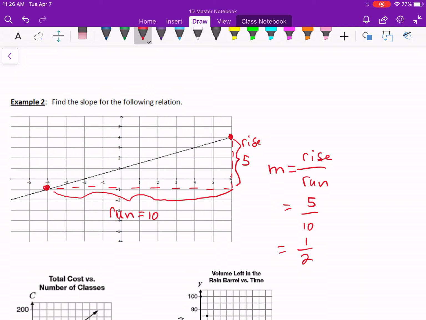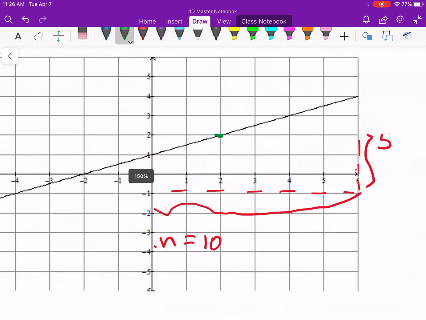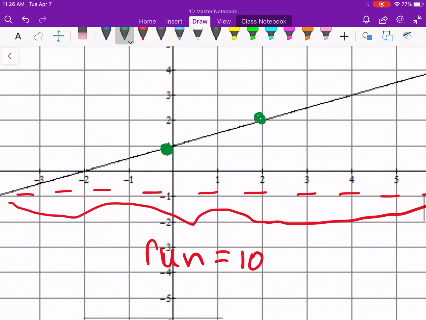But I didn't have to pick those 2 points. That's what I'm trying to get at. I can pick any 2 points. Let's just pick a couple other points. Let's pick a couple that are closer together. Say that green one and this green one here. Well, now I'm just going from here to here. Now my run, I'm going from 0 on the x-axis over to 2.